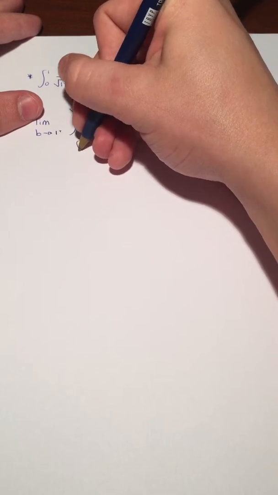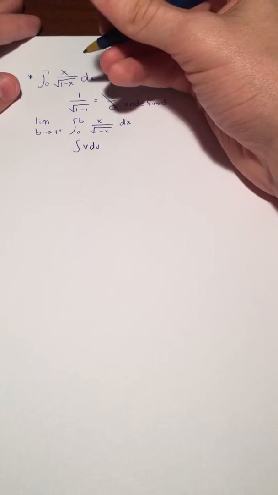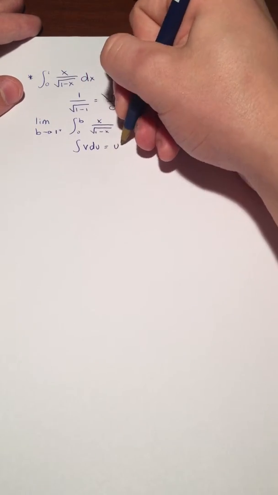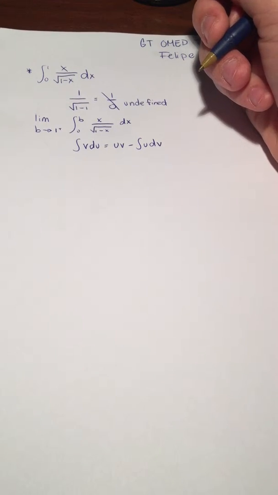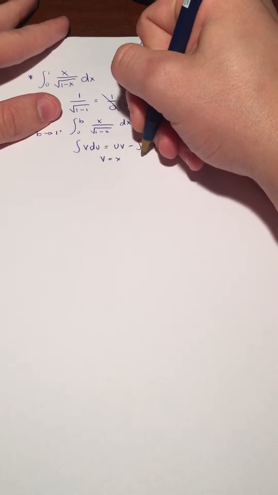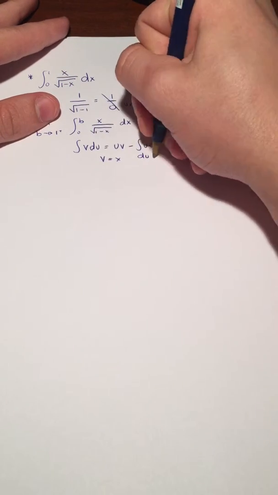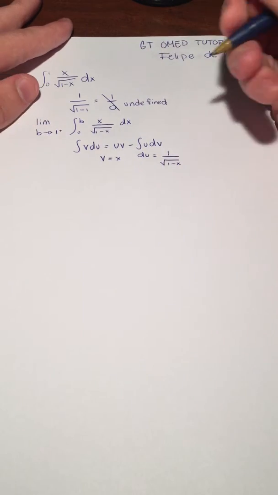The formula for integrating by parts is the integral of v du equals uv minus the integral of u dv. Now let's use v and du. V is x. Du is gonna be 1 over the square root of 1 minus x.